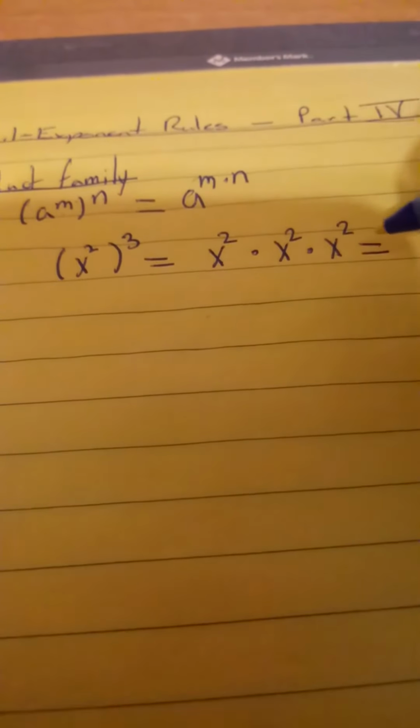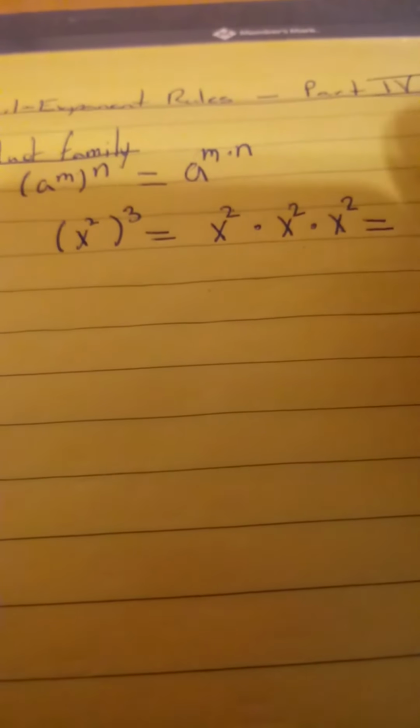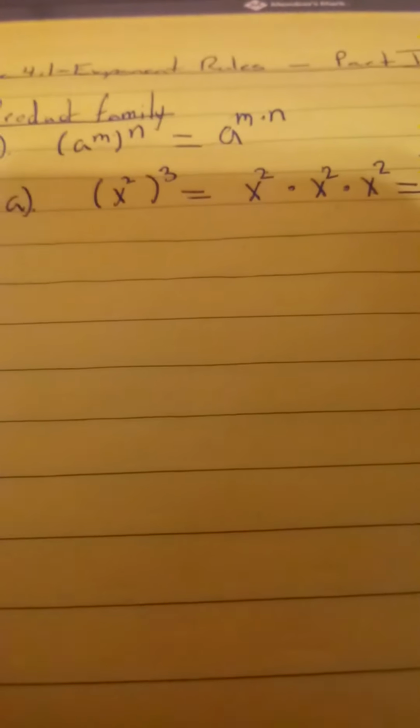In other words, we're expanding this. Eventually, we go back to our product rule, which states that if you have the same base, you add the exponents. So 2 plus 2 plus 2 will give you x raised to the 6. And that would be your answer. Now, that's too long to do for this particular example.